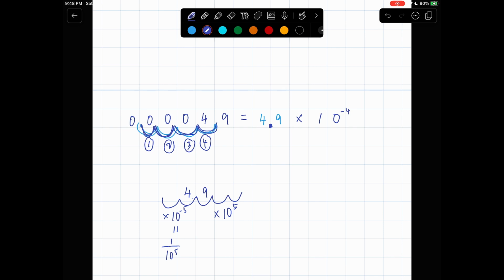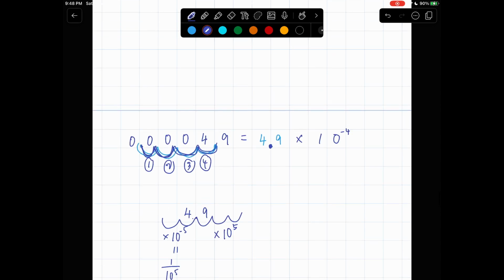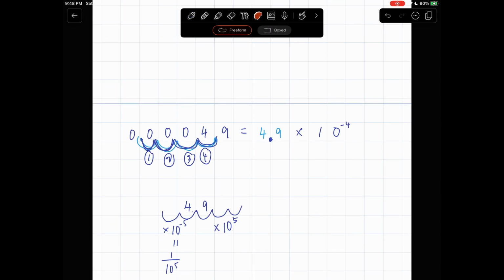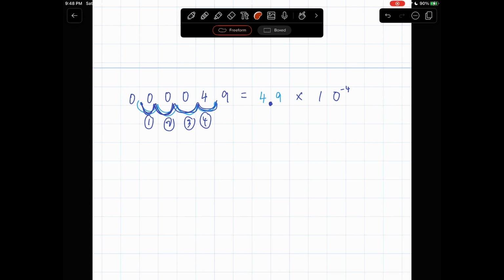I'll give you one more example. Let's say there is a number 490,000. We're going to use the same two numbers, 4 and 9. Here you cannot see a decimal point, so that means there is a decimal point at the end of the number right here. Every whole number has a decimal point at the back. It's invisible. That's how I remember it.